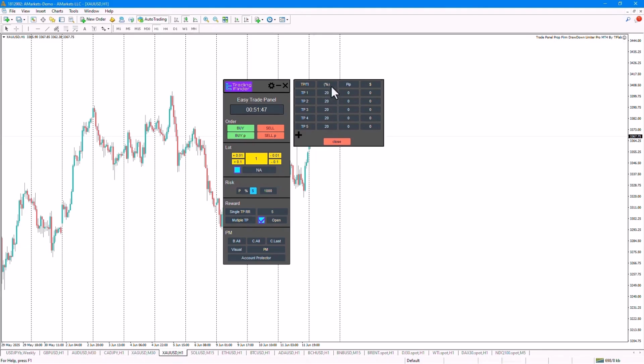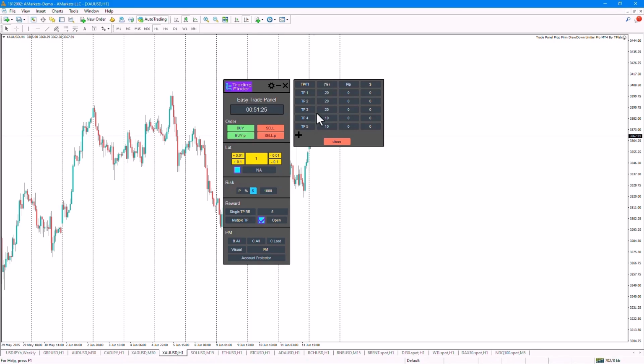The second column relates to the percentage of the position to be closed at each take profit level, which by default is set to 20% of the trade volume. Here, we can change these values. For example, I set the 4th take profit level to 10% and the 5th take profit level to 10%.